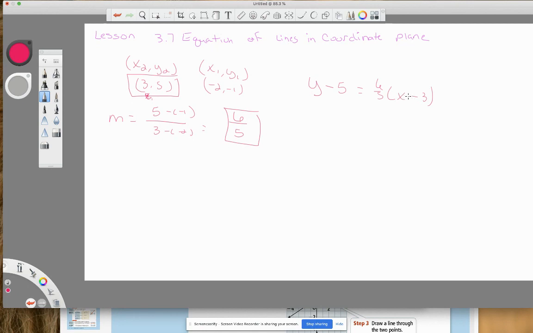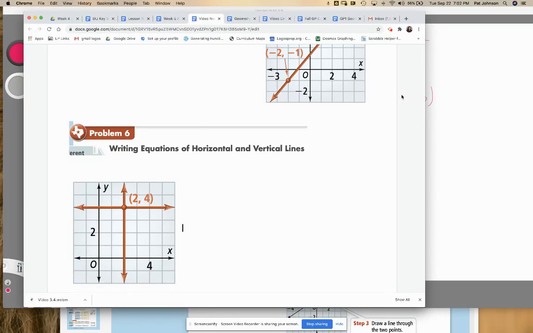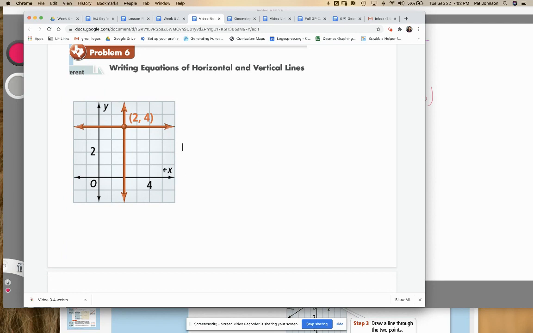All right, let's look at the next one. It says writing equations of vertical and horizontal lines. Okay, so here's a vertical line and a horizontal. Now, notice that in the horizontal line, every point on this horizontal line has a y coordinate of 4.